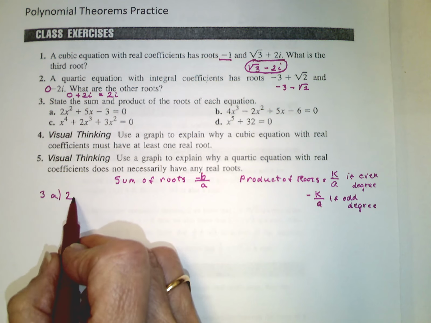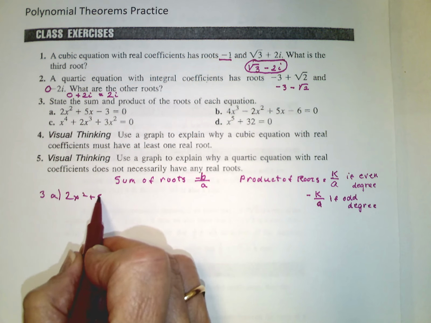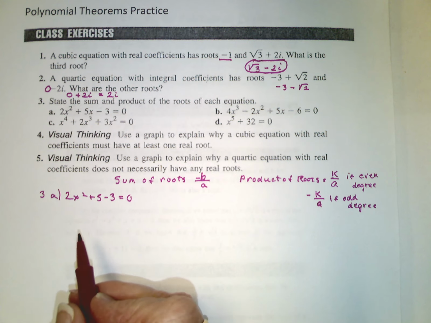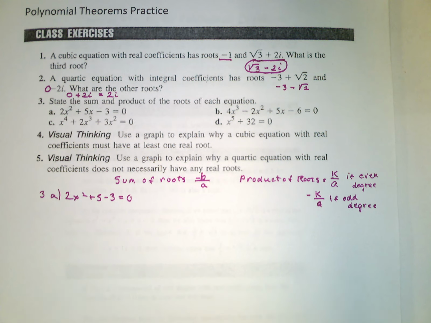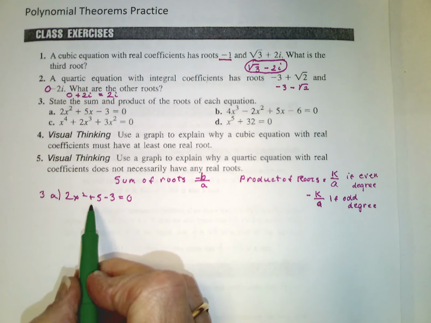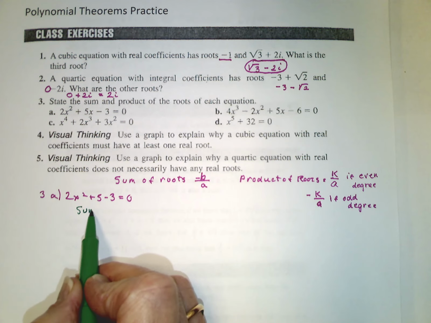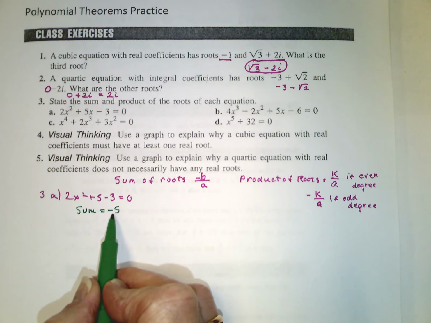So we have 2x squared plus 5x minus 3 equals 0. The sum of the roots should be the opposite of b over a. So the sum is going to equal -5 over 2.